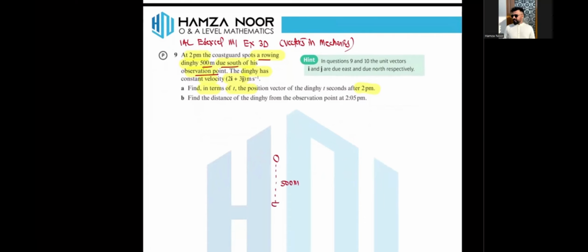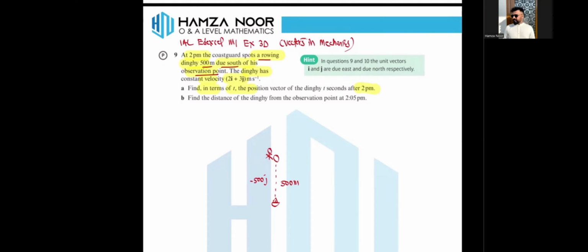At time t equal to 0, the dinghy is over here, and the Coast Guard observes this dinghy. So we are going to say that this is minus 500j. The initial position vector of this dinghy, relative to the origin, is minus 500j. The i component is 0 because this is due south of the observation point.